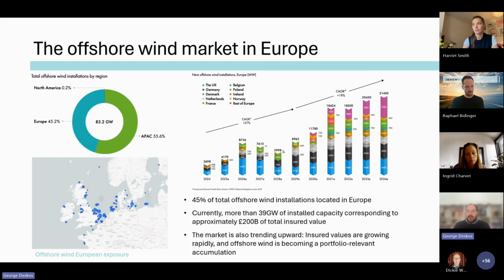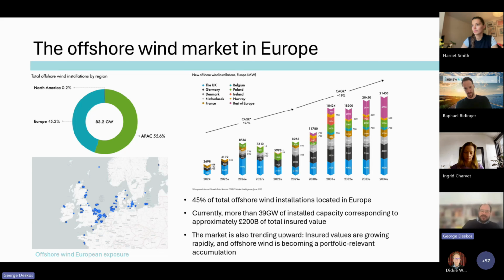In terms of absolute capacity, we're talking about close to 39 gigawatts of installed capacity, and if you turn that into the total insured value, that's over 200 billion. What you can see here is a map showing the different clusters, mainly concentrated around the North Sea, the Baltic Sea, the Irish Sea, but also the Atlantic.